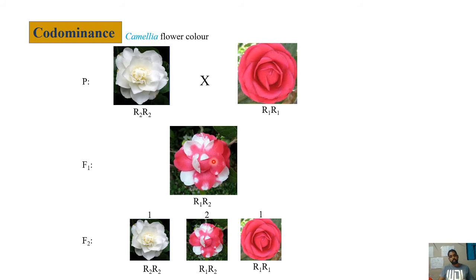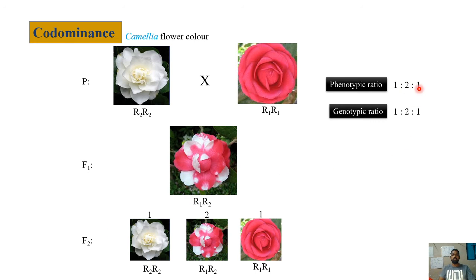Therefore, both the red and white colors are produced in this generation. So this is what codominance is. And again, in the F2 generation, when self-hybridization is performed, as we know, the heterozygous plants will show codominance, that is two different colors. Therefore, in this case also, the phenotypic and genotypic ratios will be 1:2:1 only.